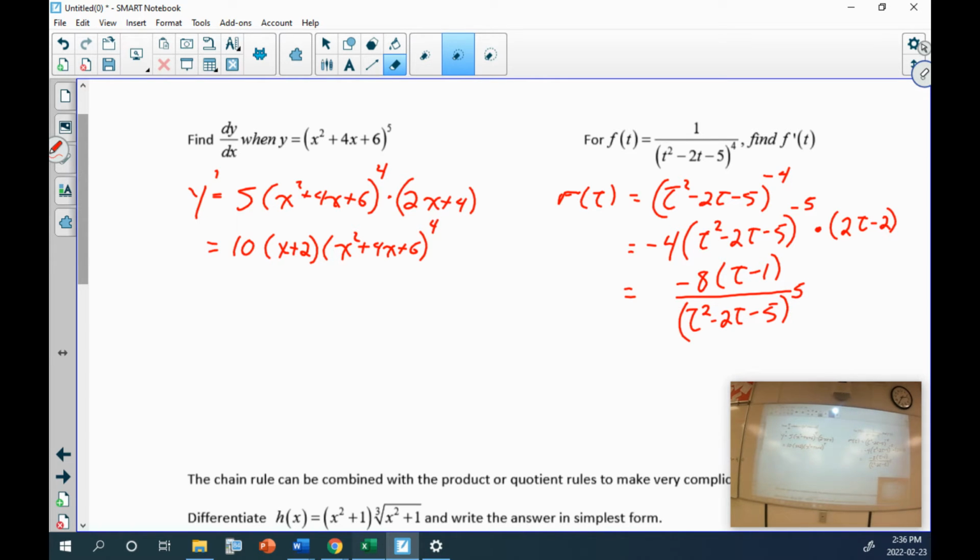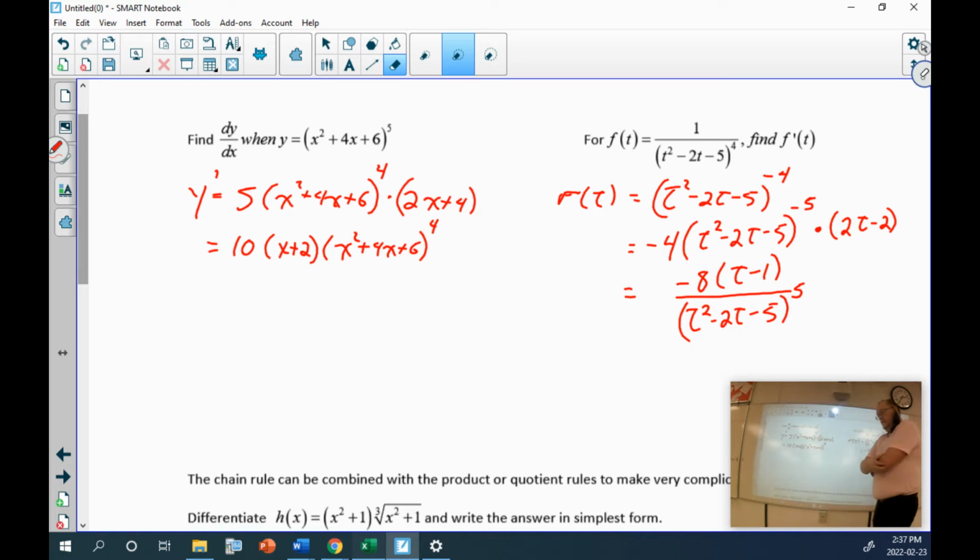And I took out a common factor of 2 from here, and then just rewrote it with our 5 on the bottom instead of our -5. Inside function, then outside function.